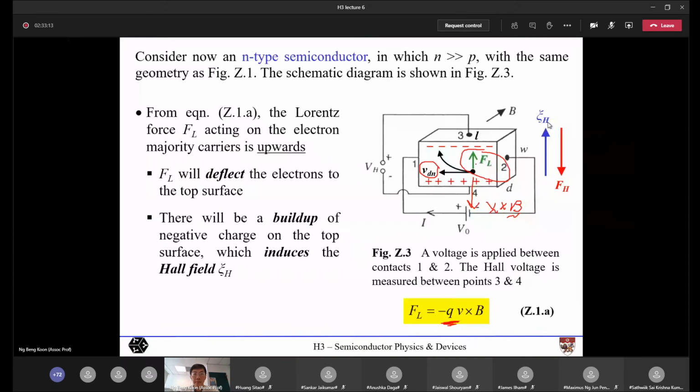Another way to look at this, instead of using the Lorentz force, is to use the left-hand rule. You know the left-hand rule, the motor rule? The one that causes the coil to turn? Okay, so that one you can also apply here. Your thumb is essentially your motion.